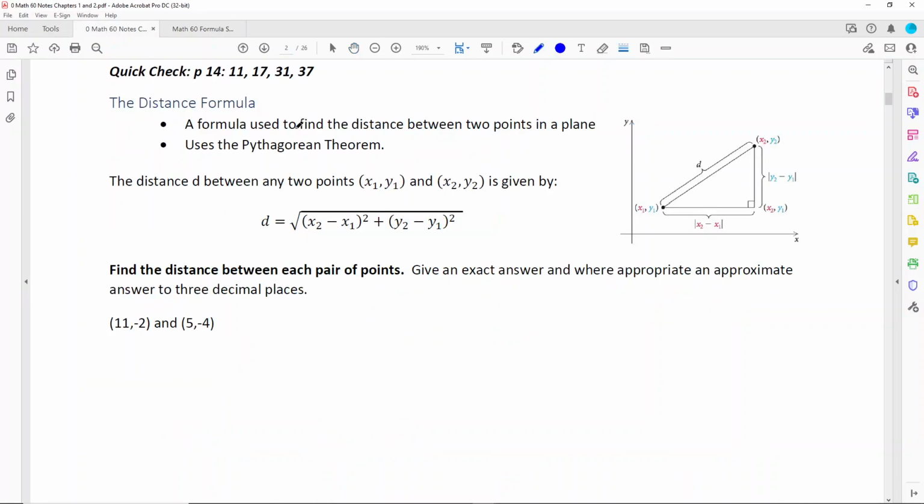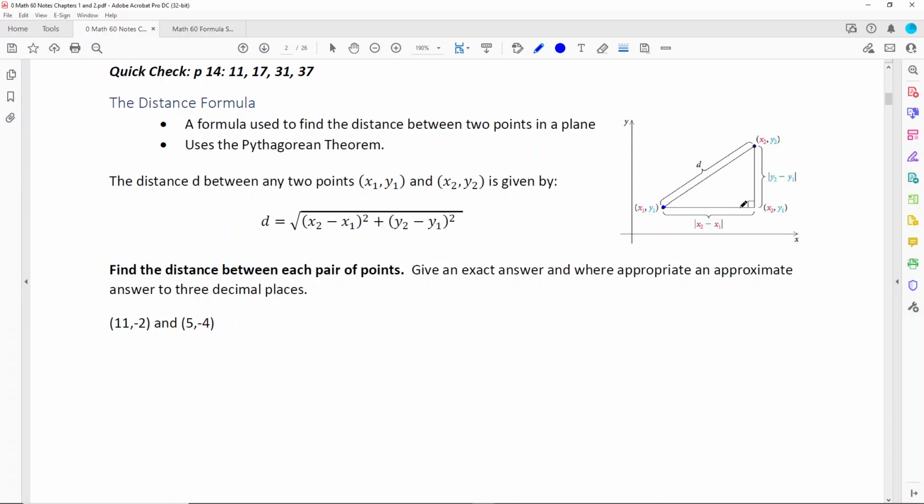Back to the distance formula itself, you don't have to have this memorized. You don't have to understand where it comes from, but it's good to know that if you've got any 2 points, x1, y1, and x2, y2, and you want to find the distance between them, we could create a right triangle out of those 2 points.